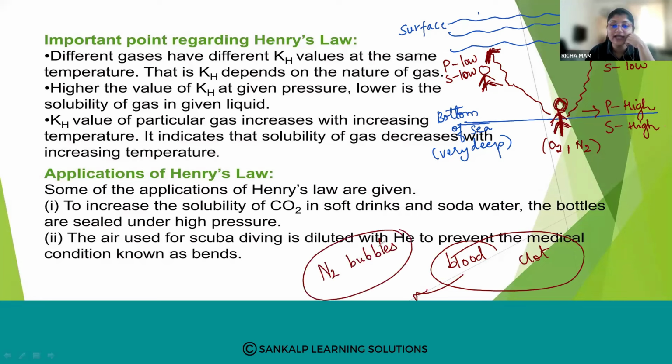Because of the nitrogen he has taken, blood clots start forming in his body, and due to these blood clots, nerve breakdown is possible. So these are the factors taking place inside a person who is doing scuba diving.